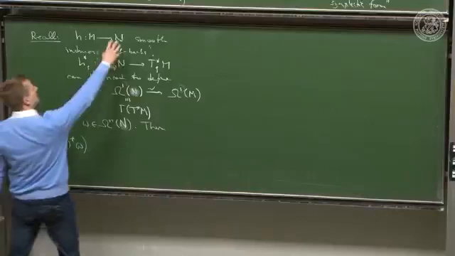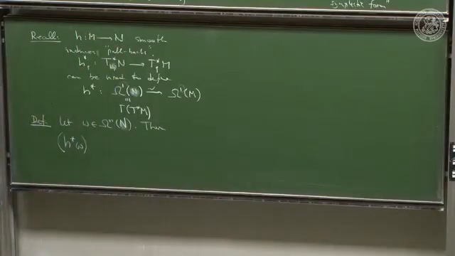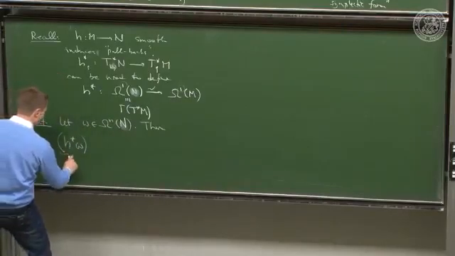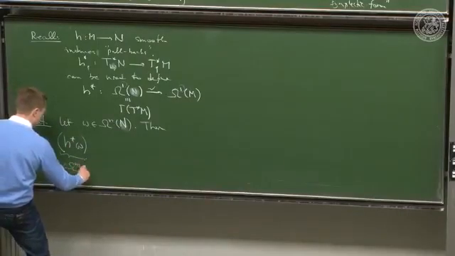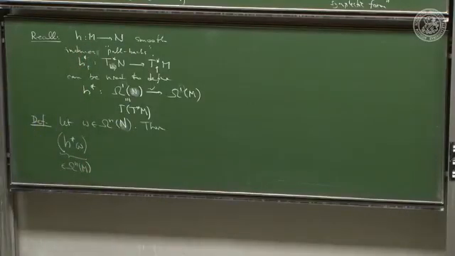We have to start with an n form here, and we can pull it back to an n form here. So omega is in Omega n of N, and what we want to construct is an element of the n forms, but on the original manifold M.